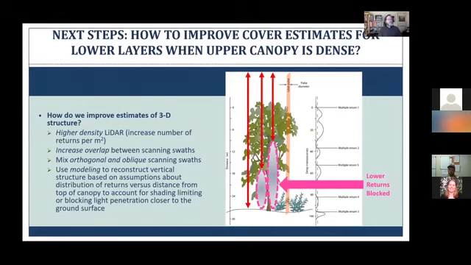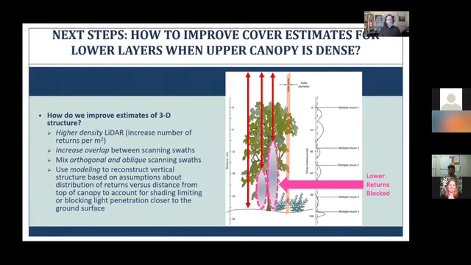That could also be achieved by increasing the overlap between the multiple passes of the plane and the LiDAR scanning, as well as mixing. Right now we're focusing mainly on directly above orthogonal laser scans, but maybe if we had more oblique scans as well from each side of the riparian corridor, we'd start picking up a lot more of that lower vertical structure.